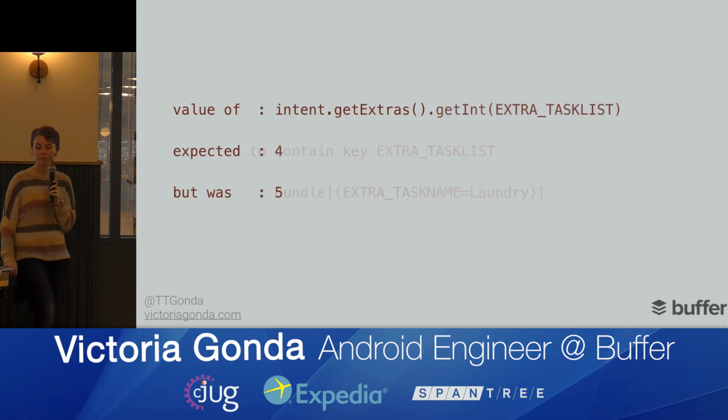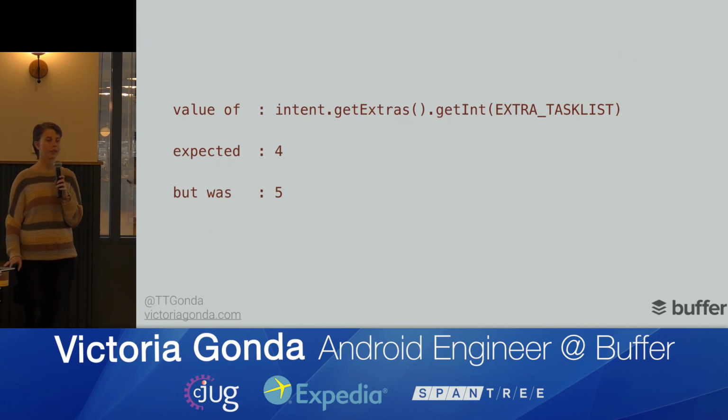And then one more. Even checking for integers can be more readable. Here, it says that we're testing the value of the extra task list. We expected it to be 4, but was 5.